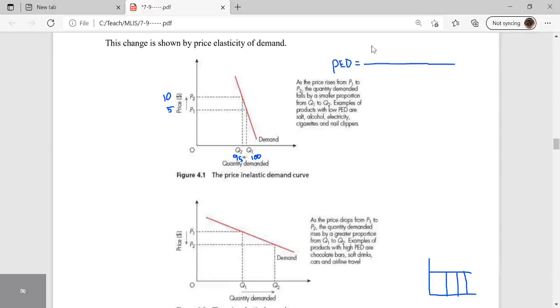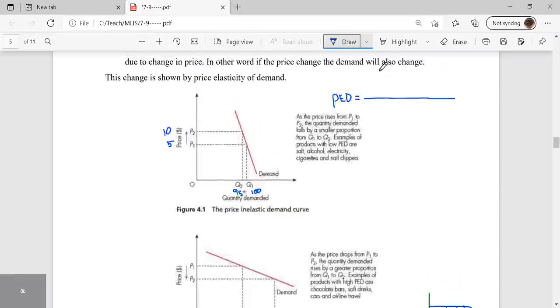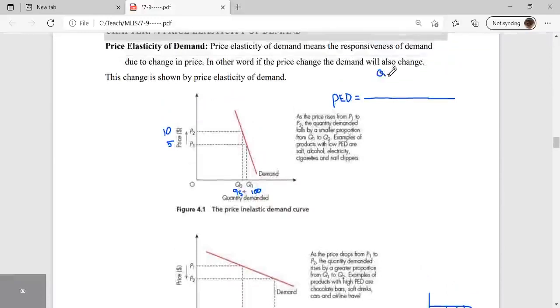So we can write it like this: Q2 minus Q1 divided by Q1 multiplied by 100, then P2 minus P1 divided by P1 multiplied by 100.